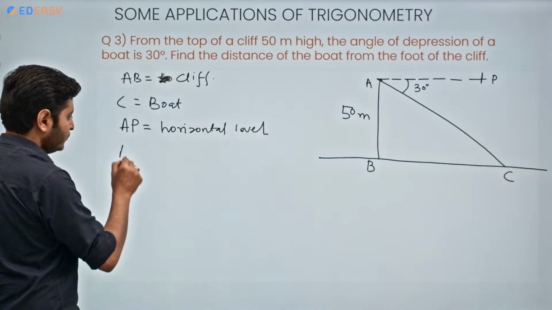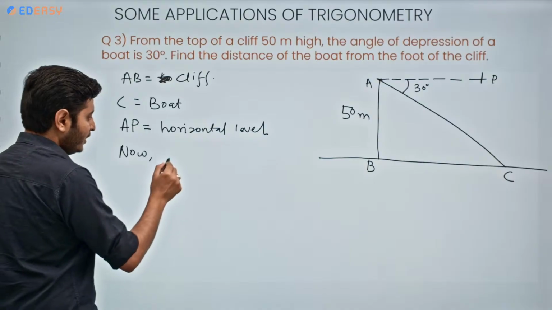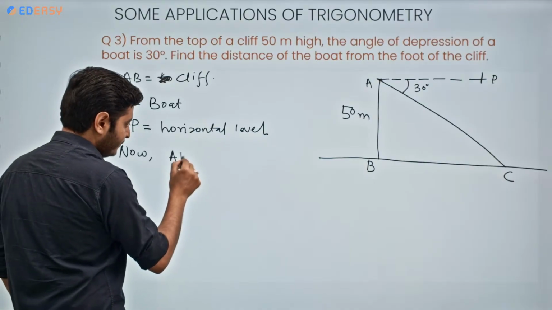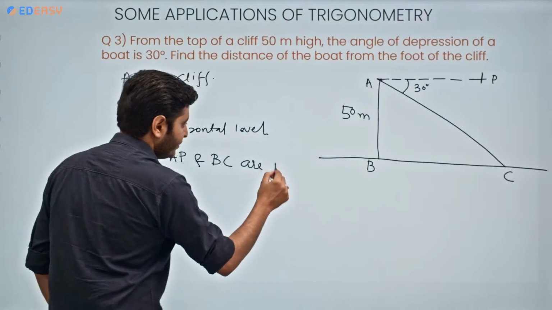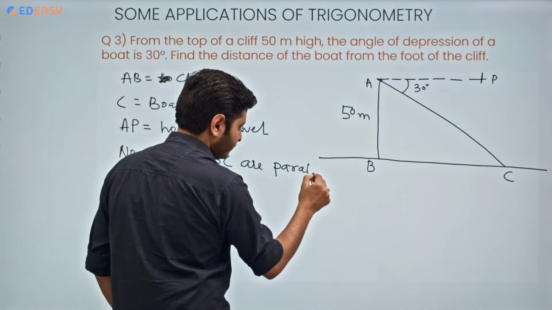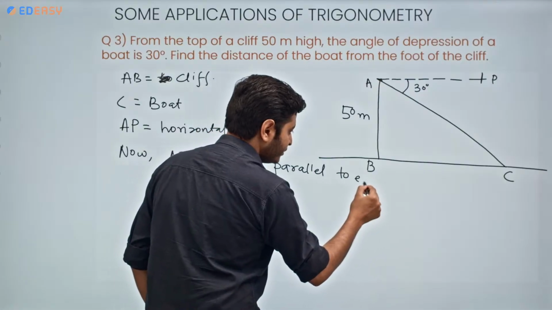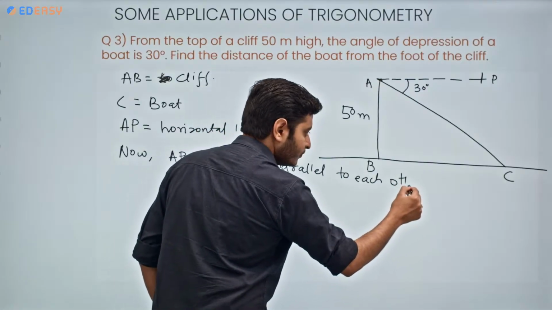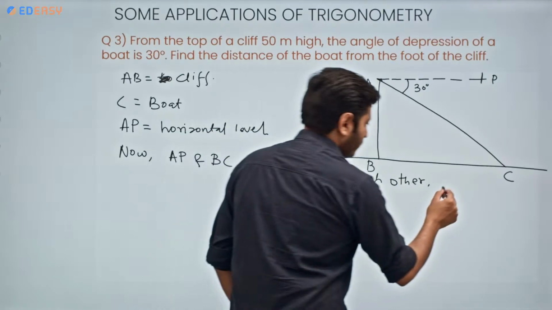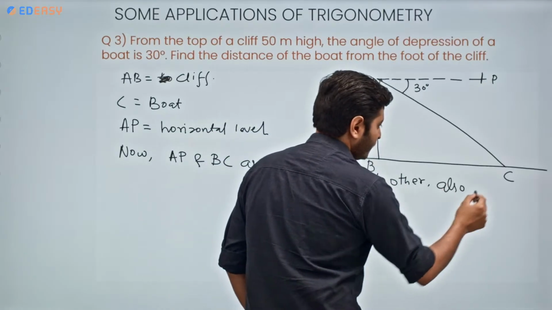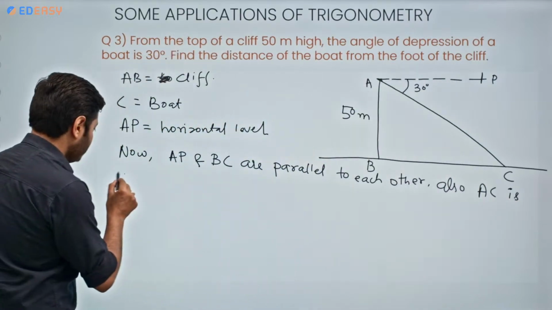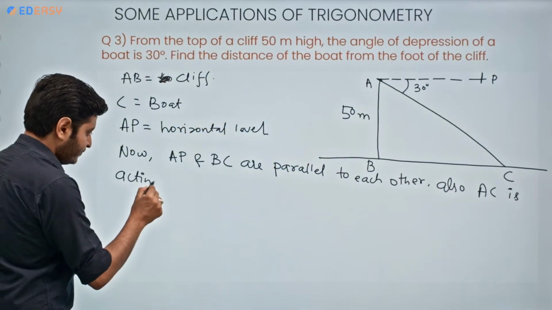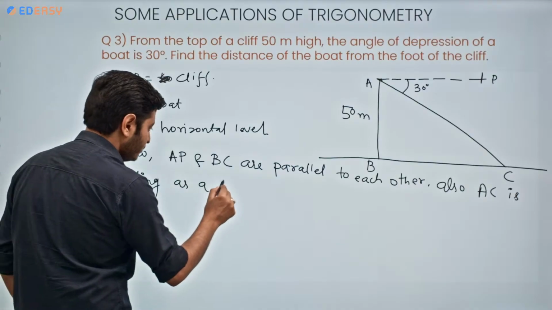Now, AP and BC are parallel to each other. Also, AC is acting as a transversal.